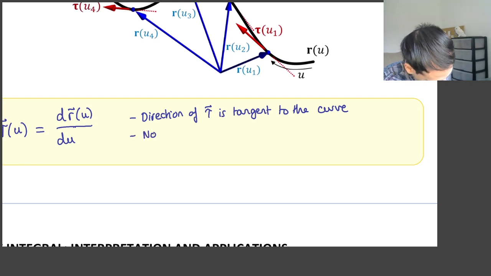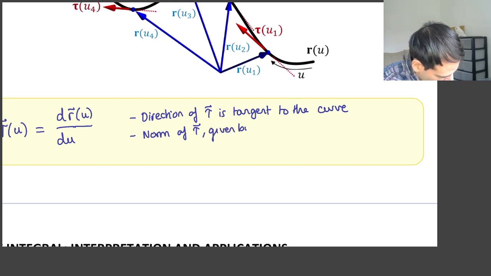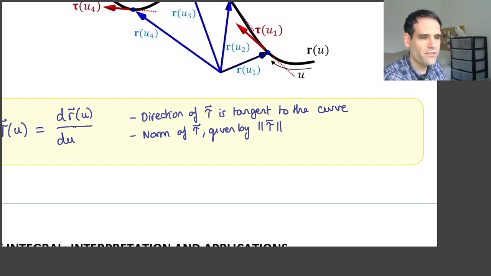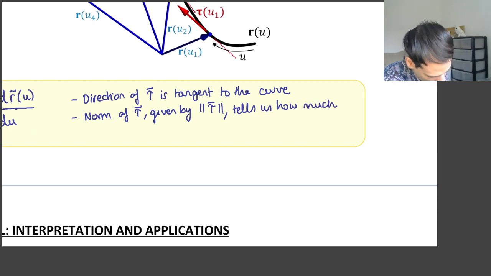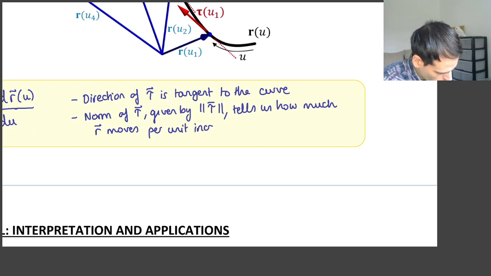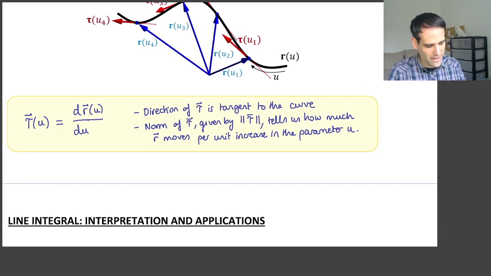And we know that the norm of tau, given by the norm of tau like this, yeah, so you would calculate the square root of the squares of the components added up, yeah, tells us about how much r moves per unit increase in the parameter. And the best way to understand this is with an example.